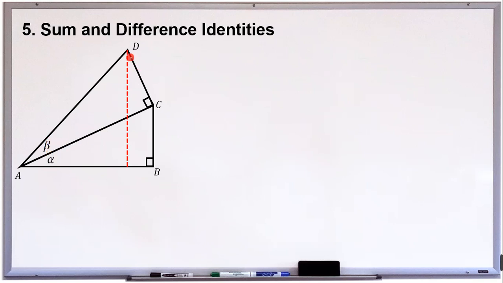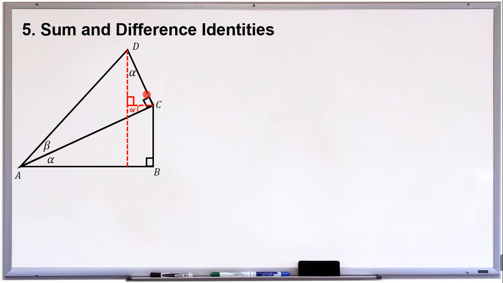And now we're going to project a vertical line from D towards the side AB. This vertical line is perpendicular to side AB. And now we're going to project also a horizontal line from our vertex C, and this one right here is a right angle. So if we use our geometry, if this is alpha, this is also alpha.